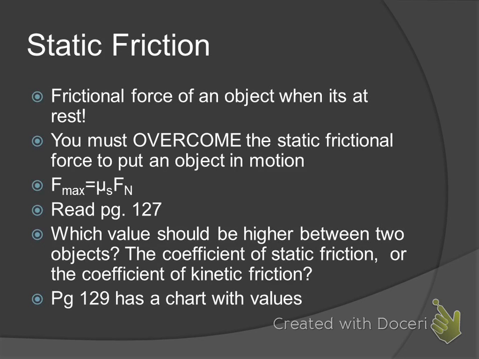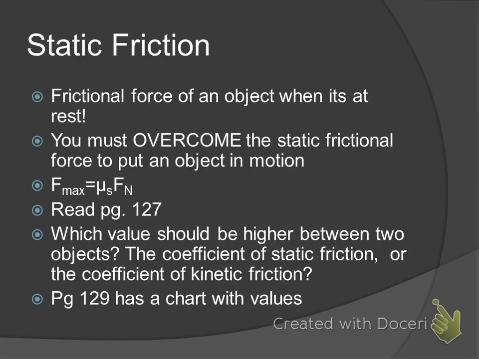Essentially, the coefficient of friction is an assigned value, so it's almost like a constant. It's a constant that's assigned depending on the surfaces that are interacting with each other. So you see rubber on dry concrete has a coefficient of static friction of 0.8, but a coefficient of kinetic friction of 0.65.